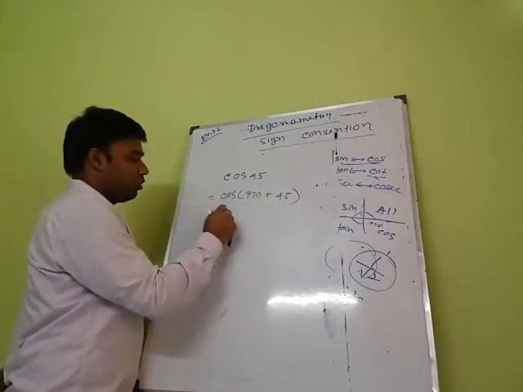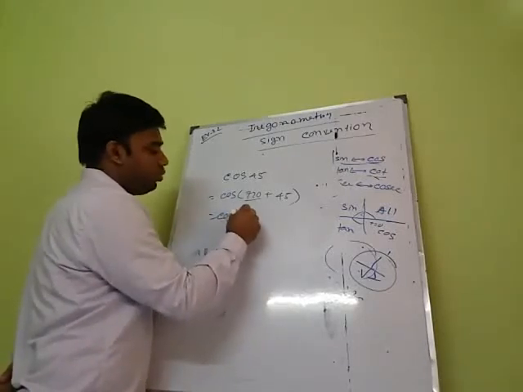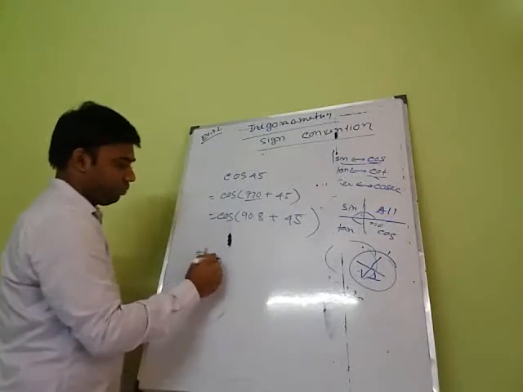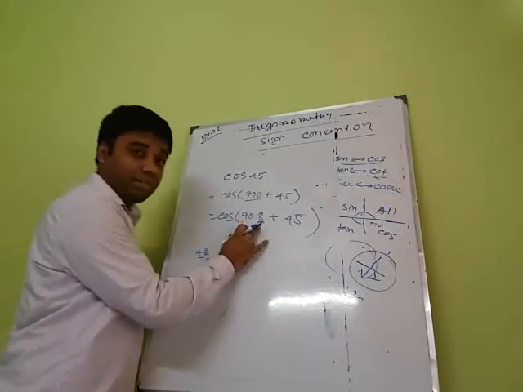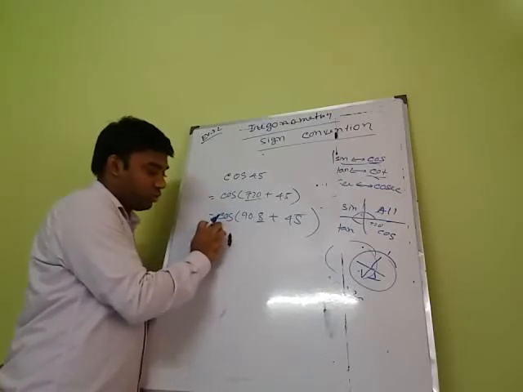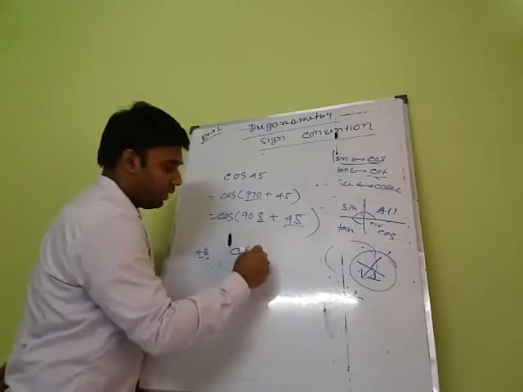Now cos of 720 plus 45 means 90 into 8 plus 45. Is it even or odd? That is an even number. If it is an even number, the function cos will not change. Cos, and it is 45 degree.